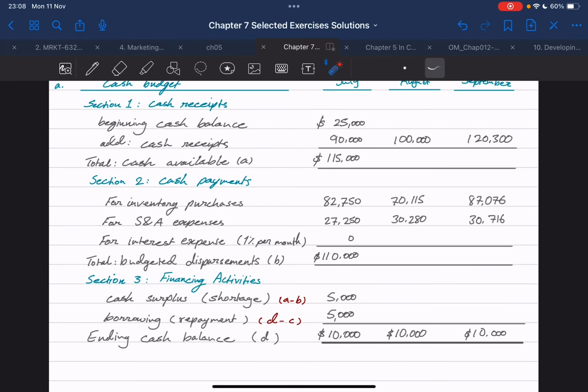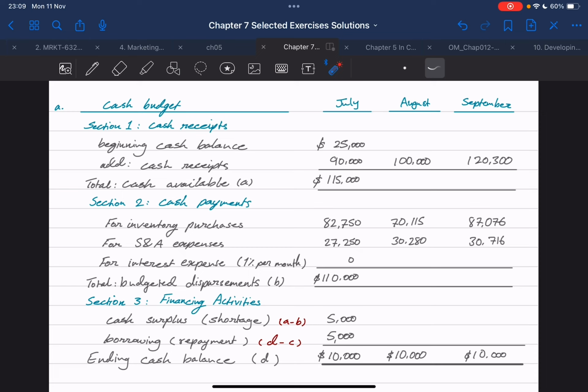They don't want to have a low amount of cash, so they determine a minimum amount of cash that they need to close each month with and open the following month's accounts having that cash available on hand. Okay, and for this business it's 10,000. So since we only have 5,000 surplus, we're gonna have to borrow another 5,000, bringing the total ending cash balance to $10,000.